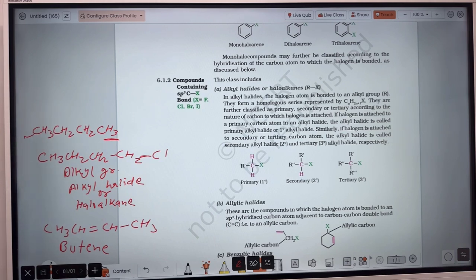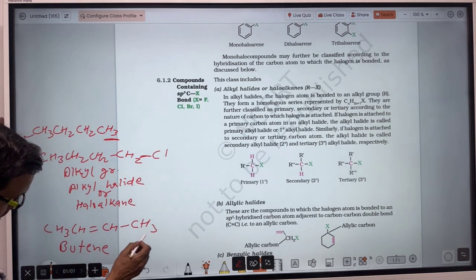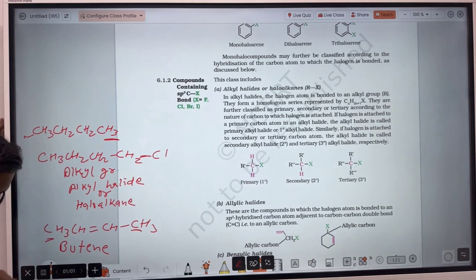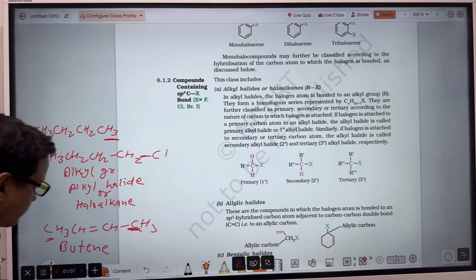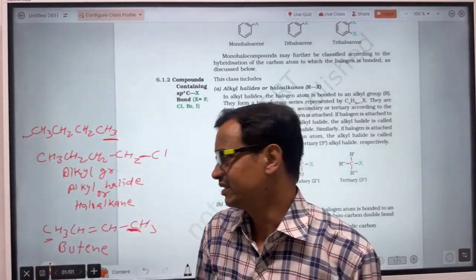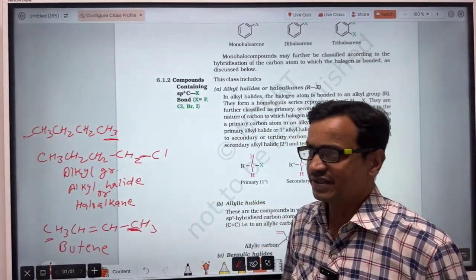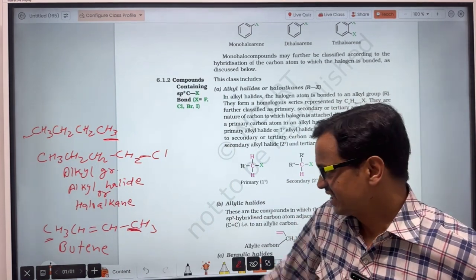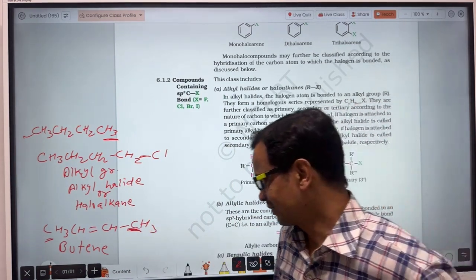Now if hydrogen is removed from that carbon atom which is saturated, which is doing only sigma bond formation, then what will happen?